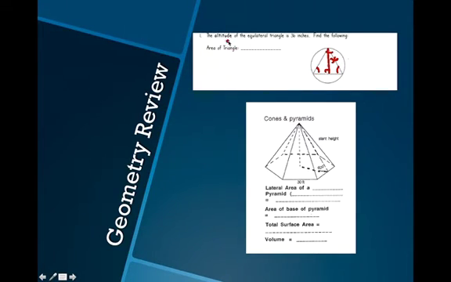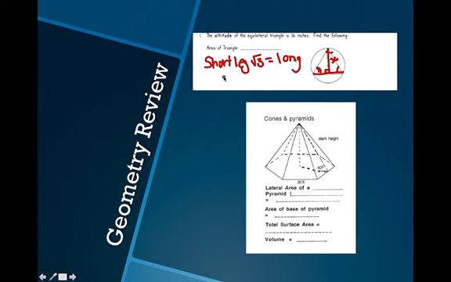Again, the altitude is 36. So how long is one of the sides? Well, if this is 60 and 36 is across from the 60-degree angle, remember the short leg times the square root of 3 is equal to the long leg.